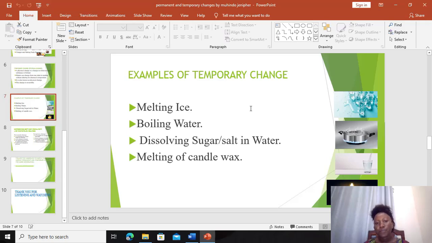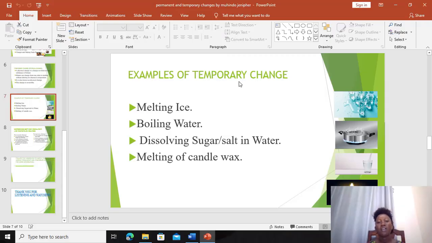For example, we have melting of ice. When you melt ice, it turns into a liquid, but once you freeze that liquid, it goes back to solid ice. Then boiling water: when you boil water, it changes into vapor, but on condensation, it changes into a liquid. Dissolving sugar or salt in water: when you dissolve salt or sugar in water, it dissolves completely.